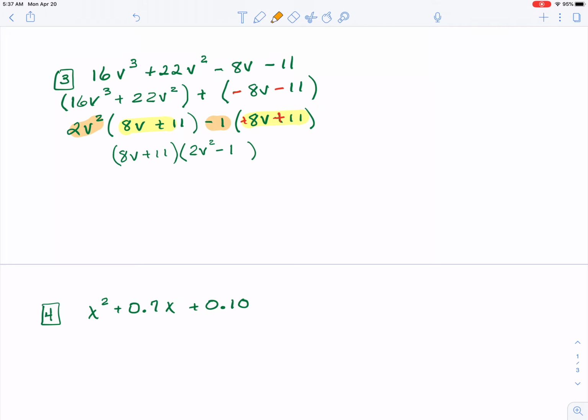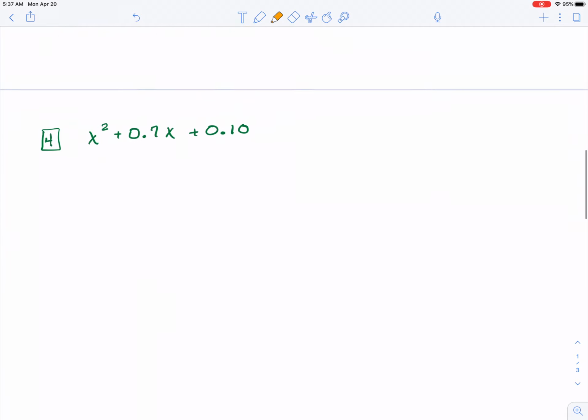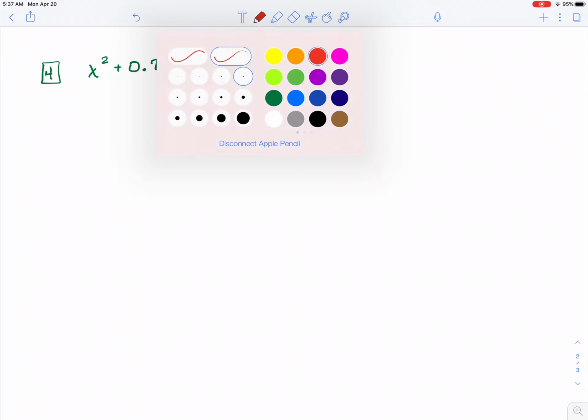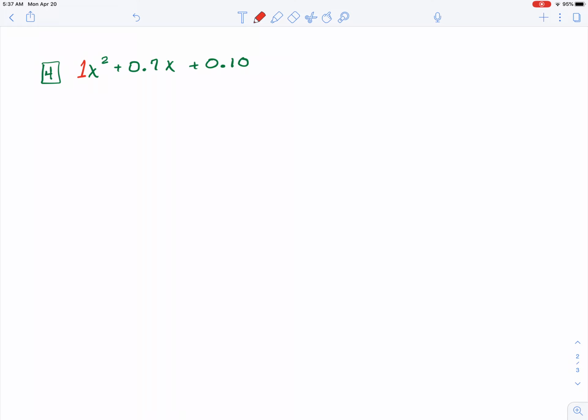All right, so that's another one that's a 4-term grouping. And the last one, we're back to decimals again. This is a trinomial. There is no GCF, but it does have a lead coefficient of 1, which makes it easier than the first one we looked at.